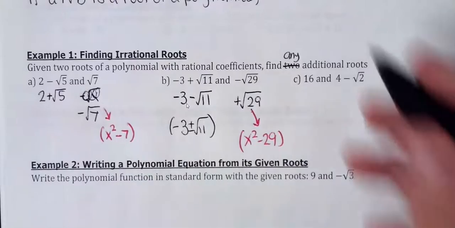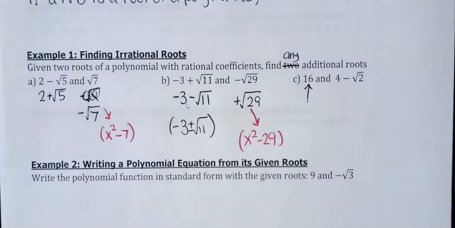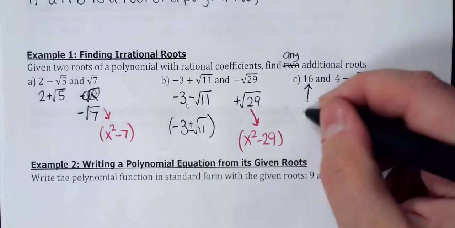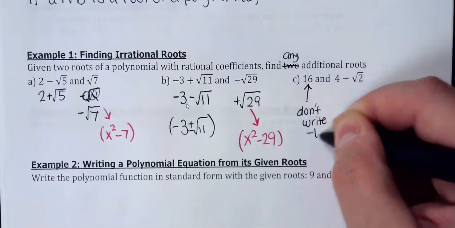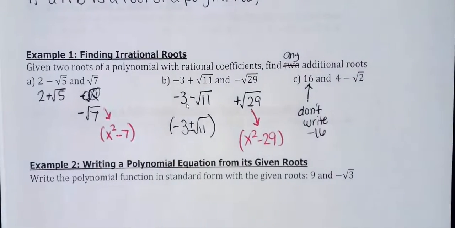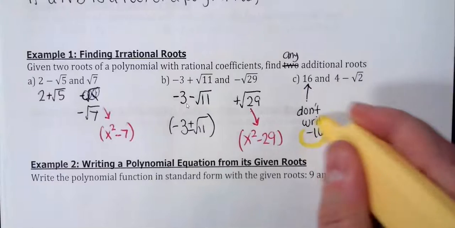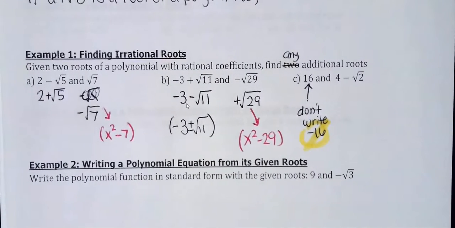Okay. Now, I literally just have the number 16. Don't write negative 16. If it's just an integer, like a negative number or a positive number, no radical, you do not have a conjugate of a plain number. So if 16 is an answer, fine, but that does not mean negative 16 is an answer.